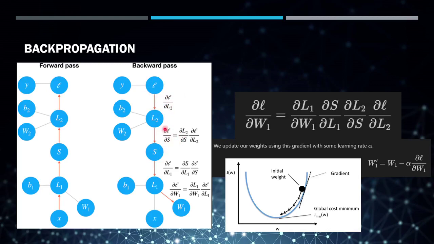Then the final loss with respect to S can be written as this due to the chain rule, and then the final loss with respect to this layer L1 can also be written as this, and this term dou L by dou S can be replaced by this entire term.